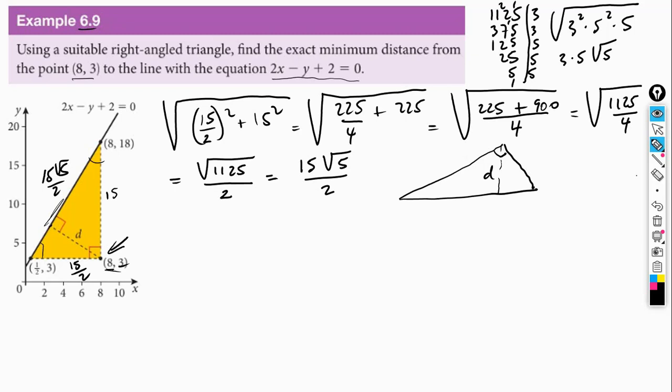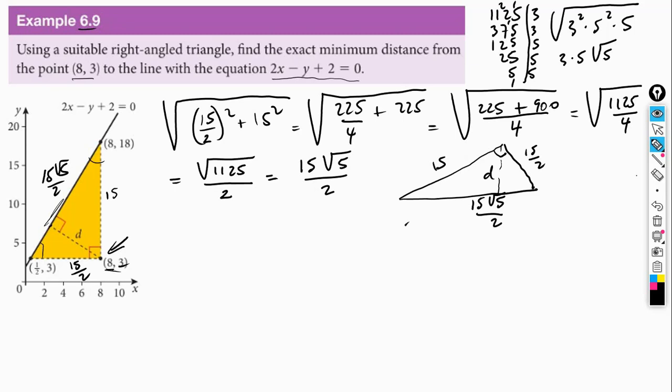But now we have that the base is 15 square root of 5 over 2. And we have that these other two sides, this one would be 15 halves, and this one would be 15. So what we're going to do is use the fact that we can find the area of the yellow triangle, the whole thing, using two different ways.